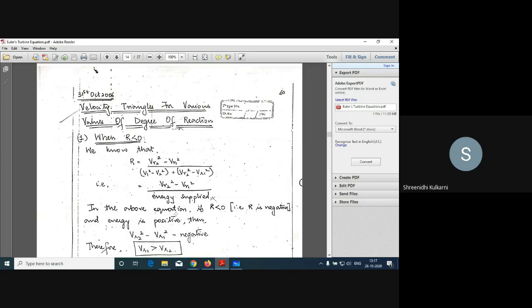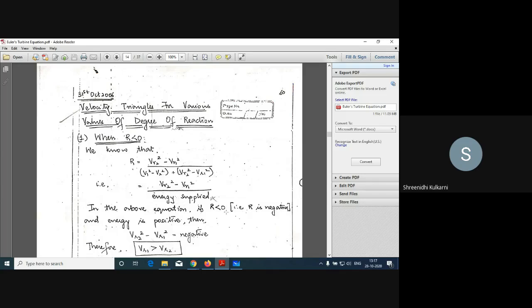So in the above equation, if R is less than 0, obviously we will get a negative, and whatever energy we are getting is positive. So we can write VR2 square minus VR1 square equals negative. Why is it negative? Because R is less than 0.